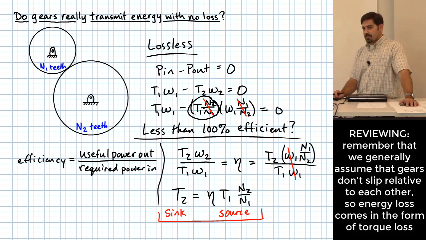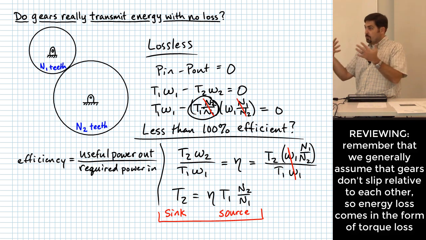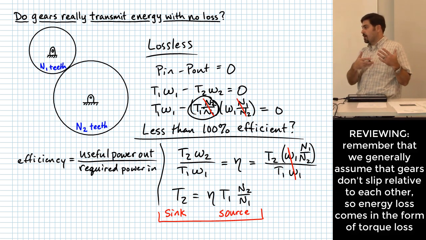So we generally assume that as speed gets transmitted from one gear to another, it does that part losslessly, which means that the only place that loss happens is in a loss of torque. I don't know if that helps explain it or not, but that's what I was trying to get at with this little discussion that I put up here.